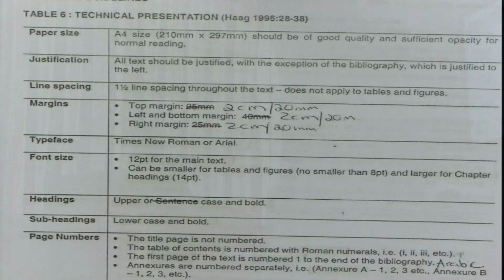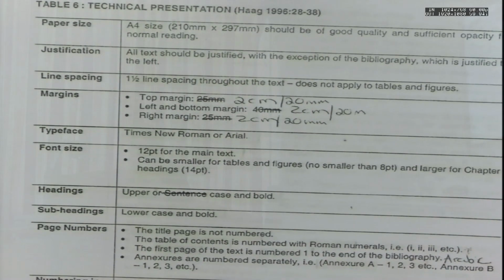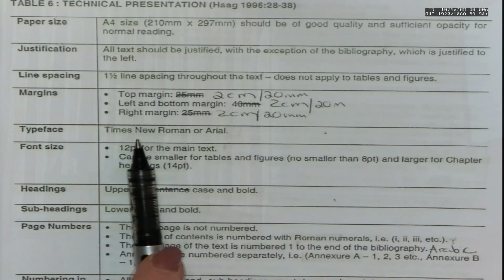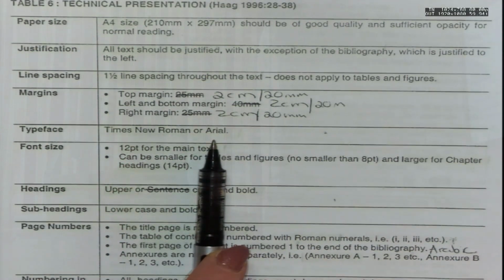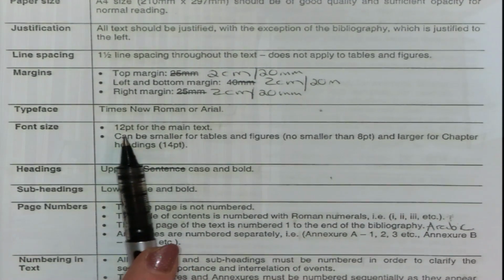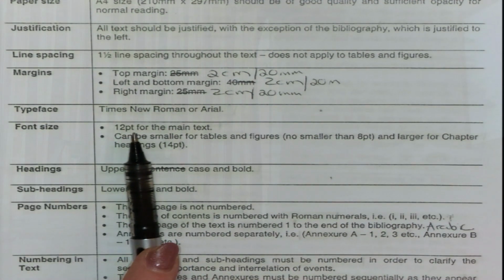All right, let's continue to the next one. We need to type in Times New Roman or Arial. Do you all know what Times New Roman and Arial are? You happy? Then our font size of the main text is 12 points. Not 11, but 12, okay?